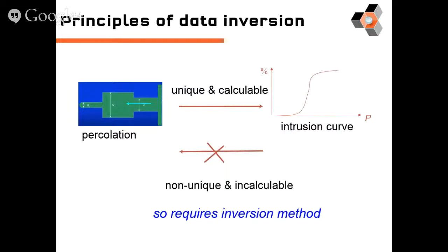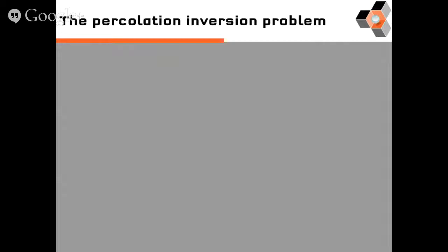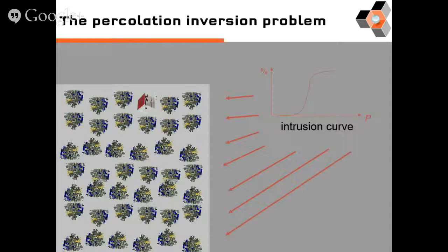So let's just have a look at this inversion method in the case of porous materials. On the next slide, we see this laid out, and if we click on here, we see the intrusion curve. And how could we get this intrusion curve? Well, you can imagine that there are loads and loads of structures, all of which could cause that same intrusion curve.